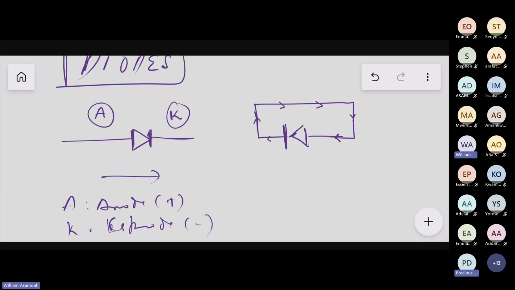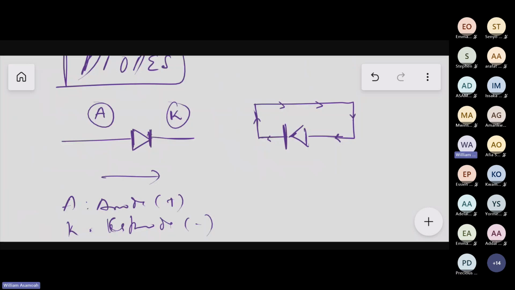Now, how do diodes behave? What is the behavior of diodes in a circuit? Number one, there are some characteristics of diodes you need to know.